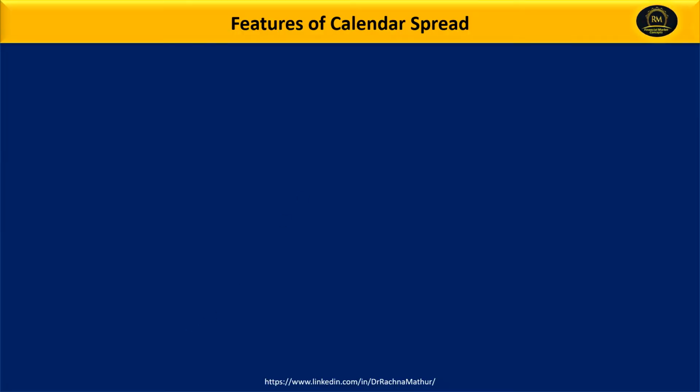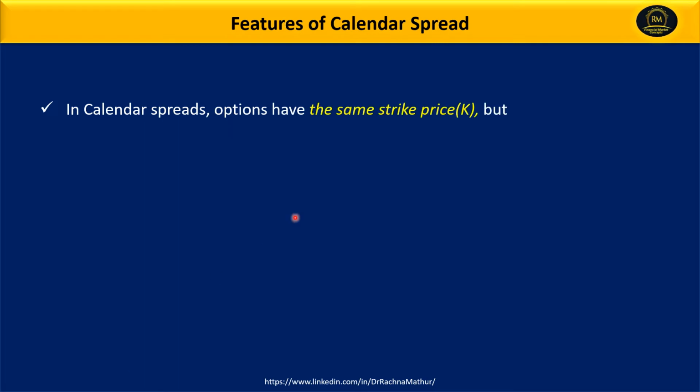The answer is calendar spread is an option trading strategy which has the same strike price K but different expiration dates. Here we have taken T1 and T2 which shows it has two expiration dates. Because of different expiration dates, this spread is called calendar spread, which is the unique feature of this spread.